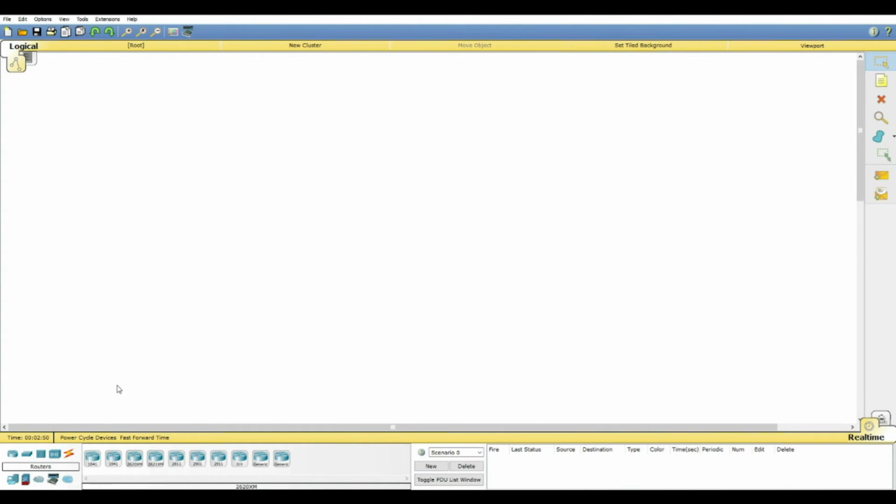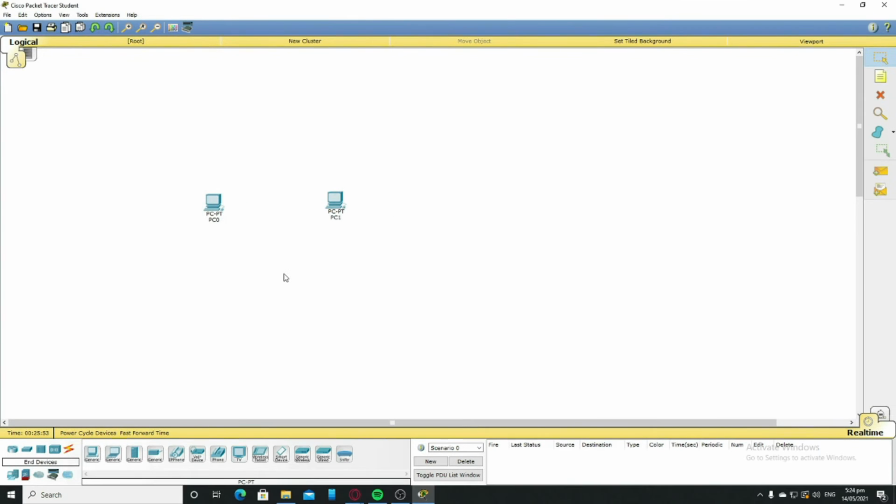I'm going to show you here in end devices. Let's say you have a computer here and a computer here. I'm going to show you some of the basics.